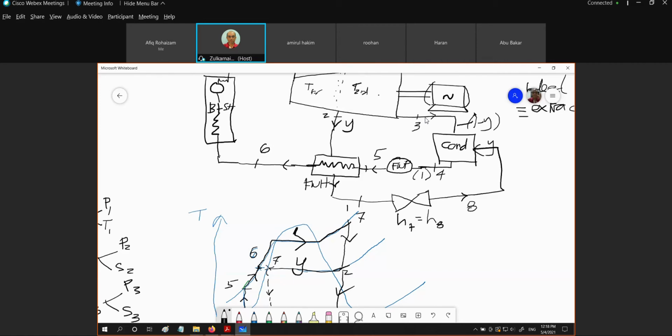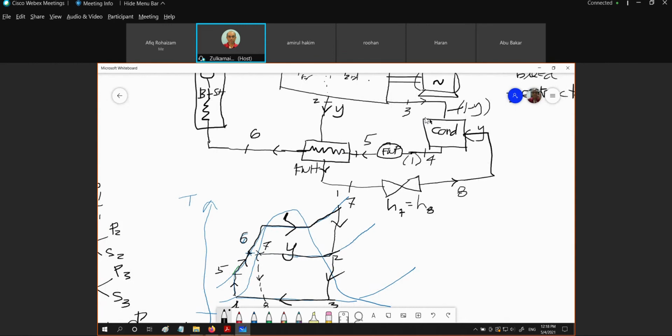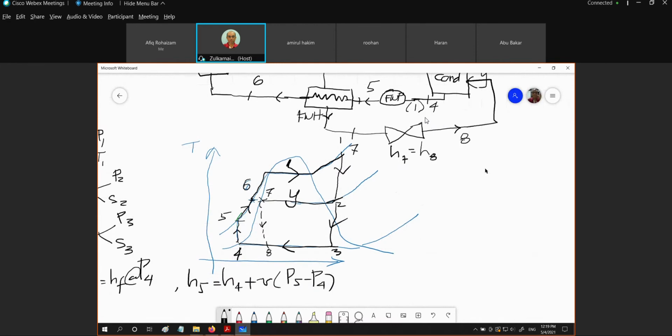So beginning at 3, coming out at 4, in the condenser, coming out from the condenser, we are going to have 1 again.